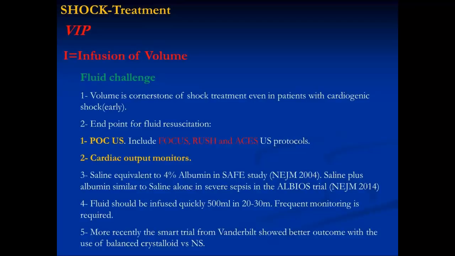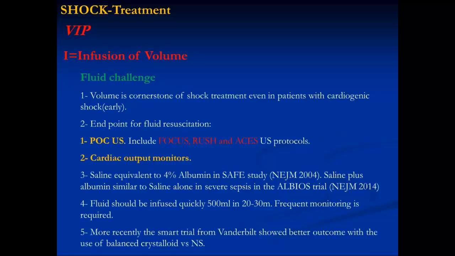you're going to have to use what we call dynamic measurements of intravascular volume rather than static measurements. The static measurements are the CVP and Swan. The dynamic measurements are measuring pulse pressure variation, stroke volume variation, and IVC diameter change. These are the dynamic measurements that you use, what we call point of care ultrasonography. Whatever protocol, it doesn't matter as long as you know what you're looking for and what you're trying to do.